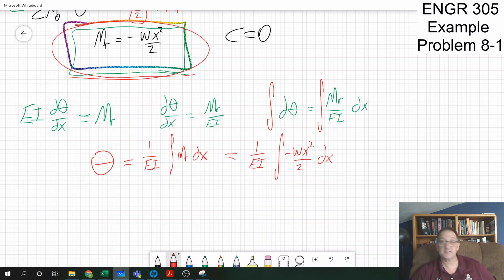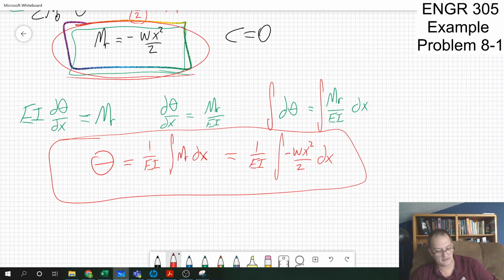Oh my goodness. Let's go back. EI d theta dx is equal to M. Put that in. Then it's a d theta dx. I just moved the EI over, right? And then I move the dx over, and I integrate both of those to come up with this.